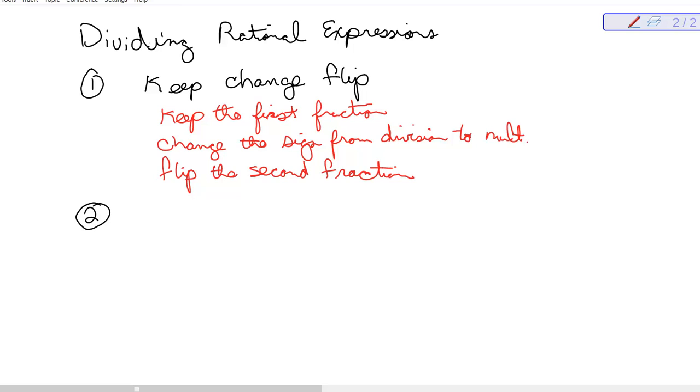Our second step is we are going to factor all numerators and denominators completely.